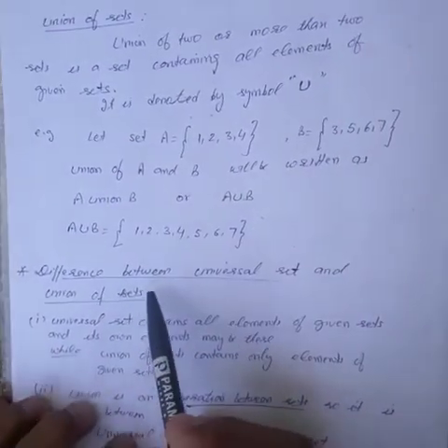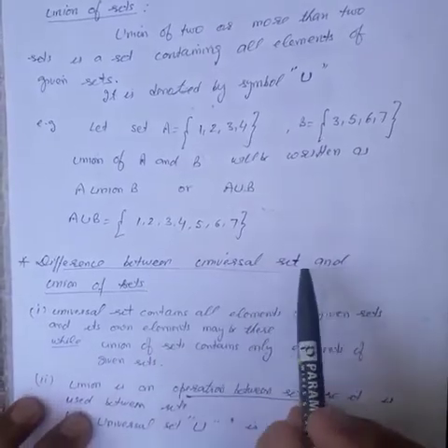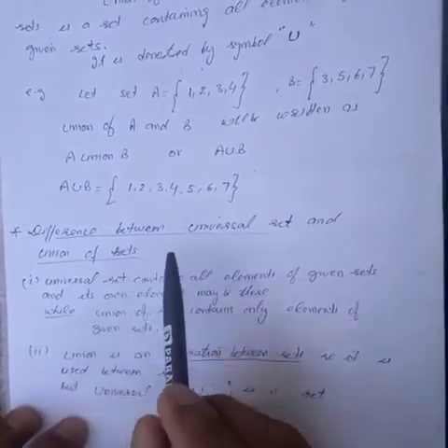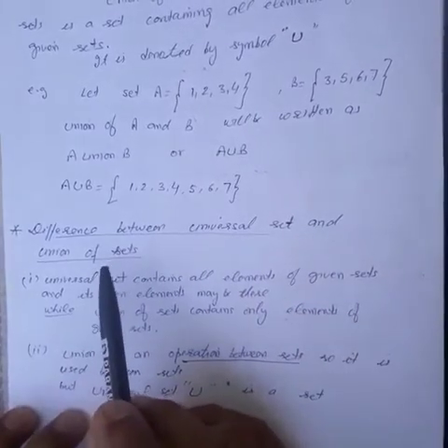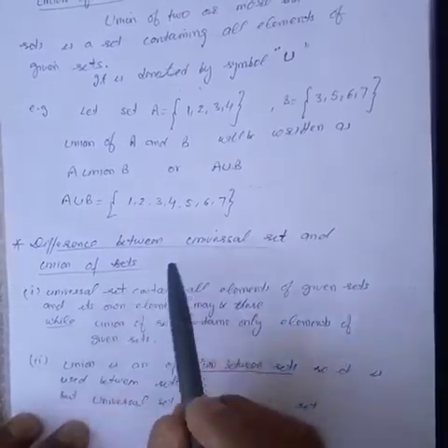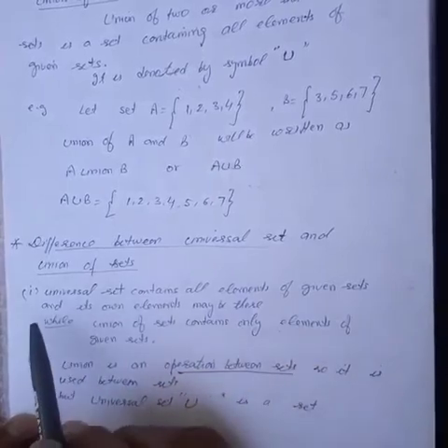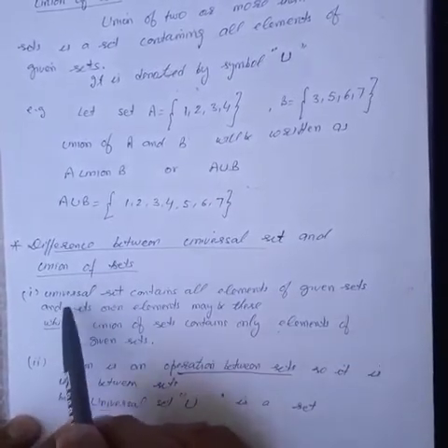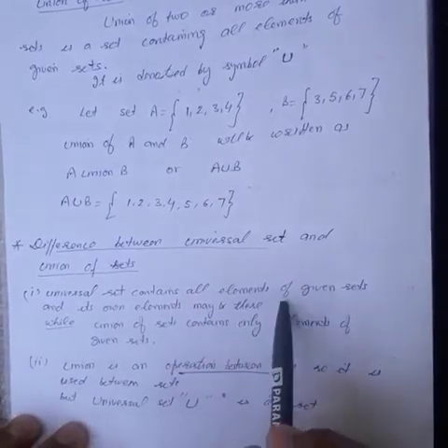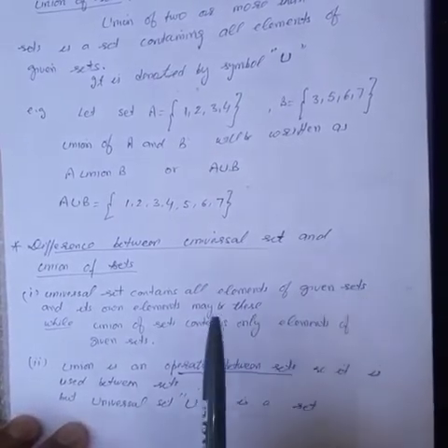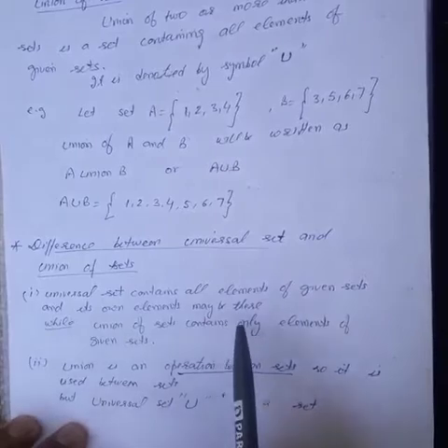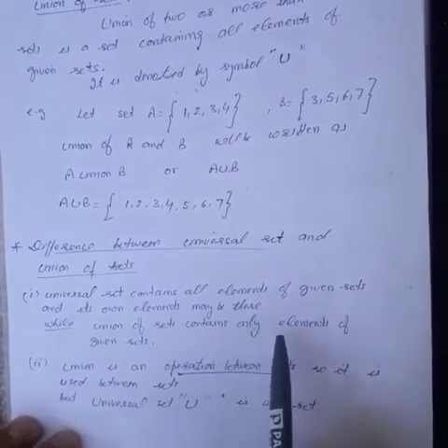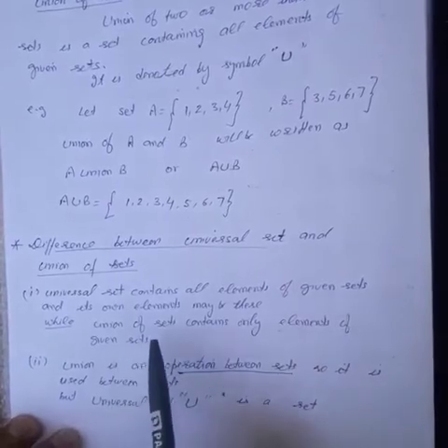Now the difference between universal set and union of sets, because both of them have the same type of symbol, but there is a difference. The first difference is based on definition. You recall the definition: the universal set contains all elements of the given sets and it may contain its own elements also, while the union of sets contains elements of the given sets only.